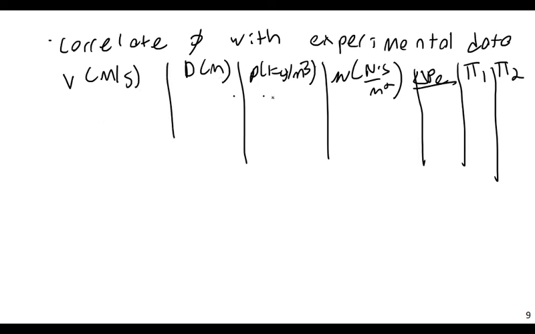I would fill this whole spreadsheet out, with pi 1 and pi 2 calculated from the formulas we developed previously. And then I just find some sort of regression between pi 1 and pi 2.